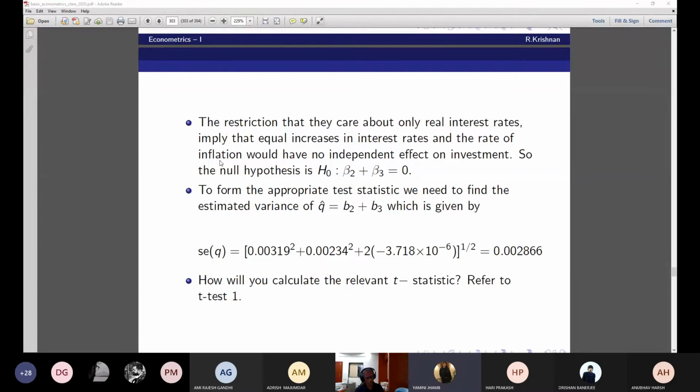But it's visible from the F stat. J is 4 and N minus K is 198. So we can take it from there maybe.